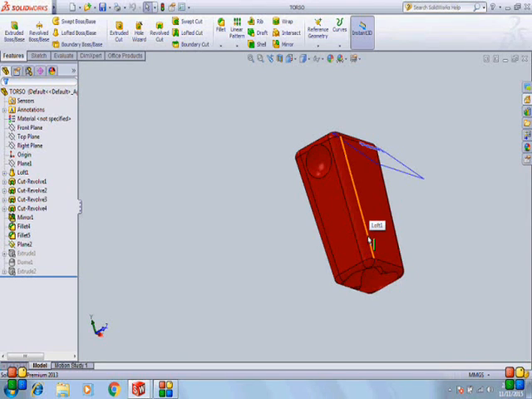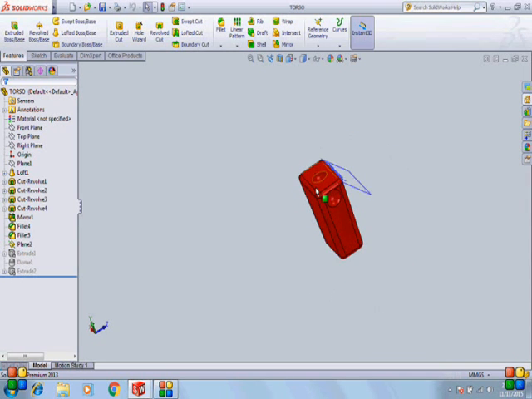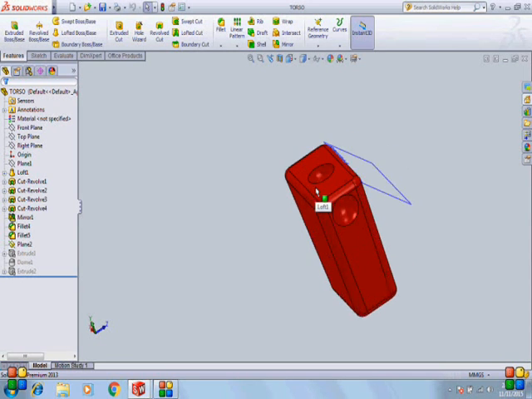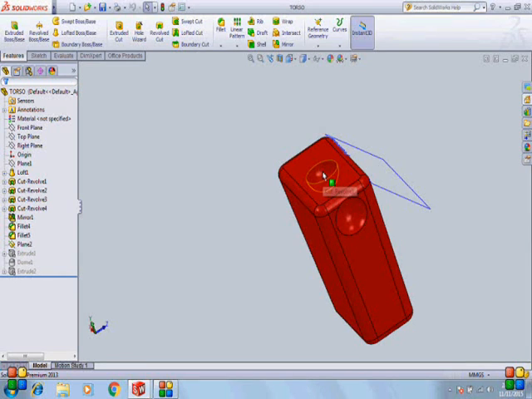Okay. Now why I've given spherical, it'll be more clear when I try and simulate it in the final assembly. But whenever you visualize any of your joints, there's always a rotational movement in the joint. If you imagine your head, you can rotate your head in any direction you want.